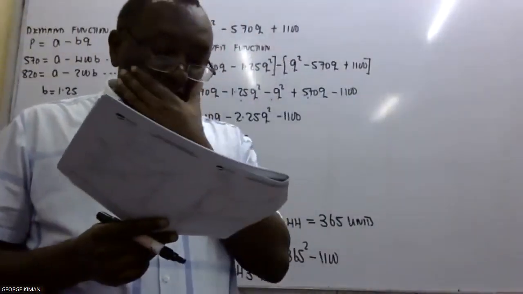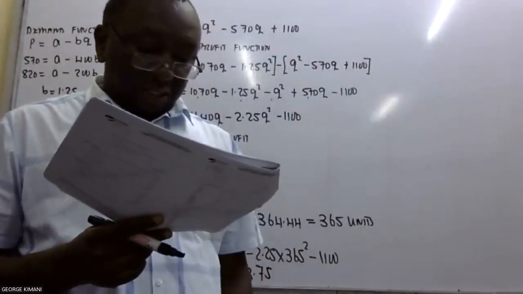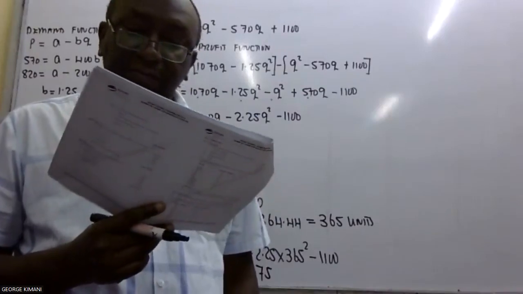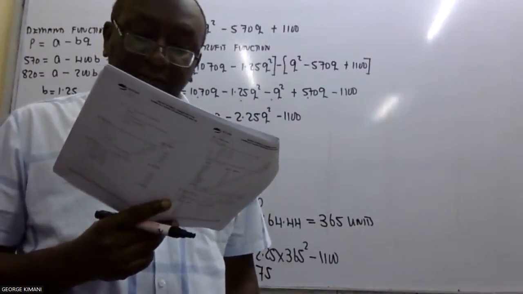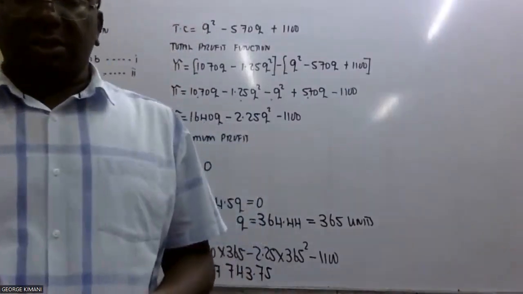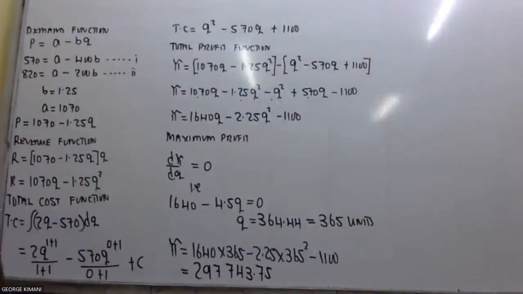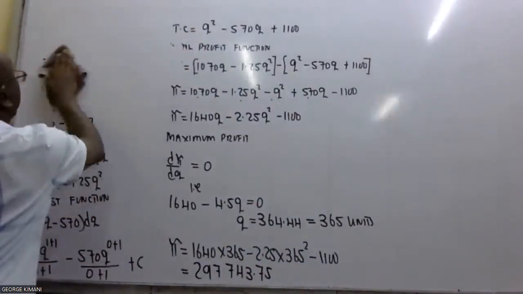The sales before and after a promotional campaign in 10 different regions for a certain commodity were recorded as follows. So we are given that. Using a 5% level of significance, determine whether the promotion campaign was a success or not. So that requires that we do a hypothesis test.